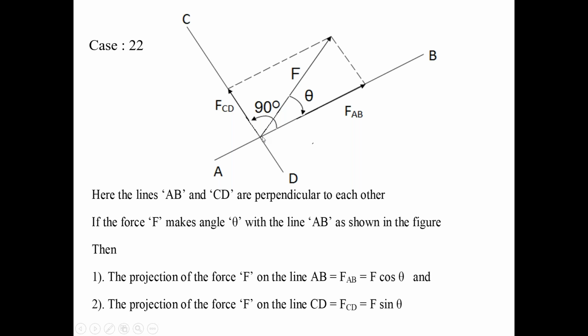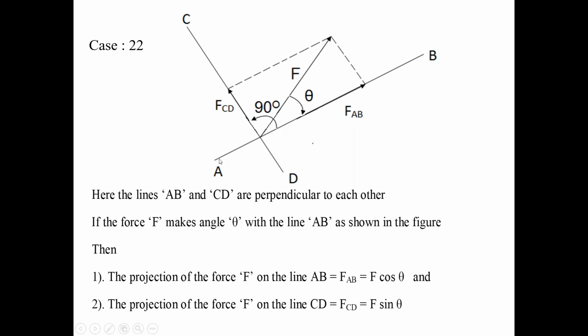Then the force F is making the angle theta with the line AB. Then the projection of force F on the AB line, FAB, is equal to F cos theta.